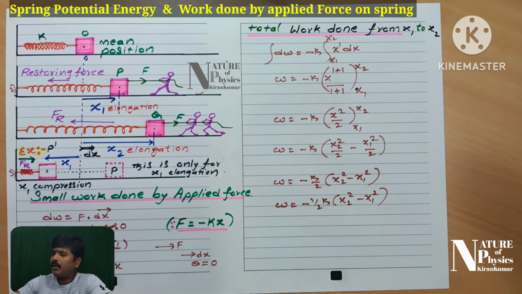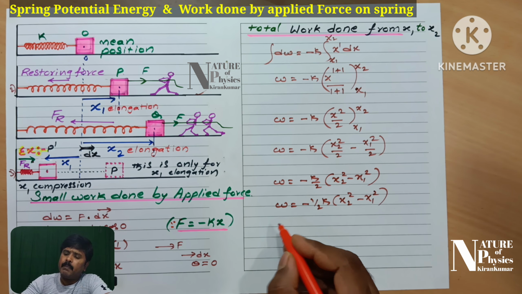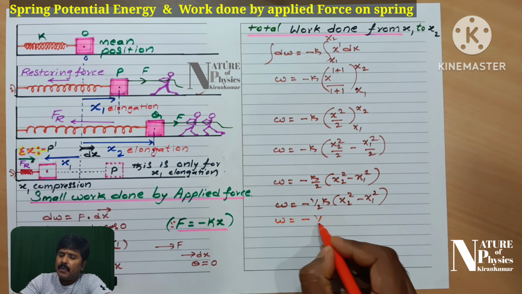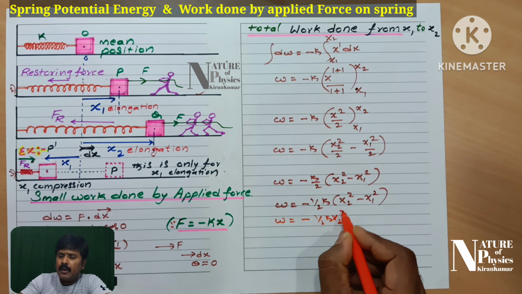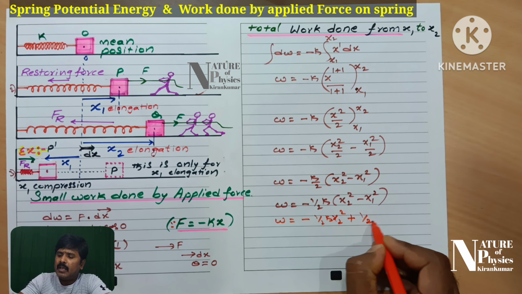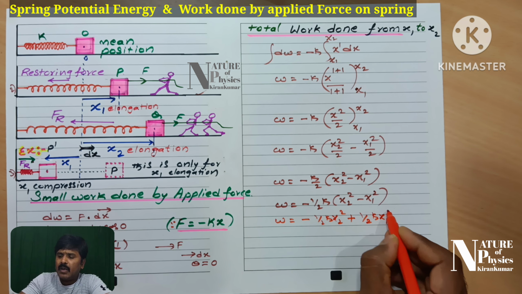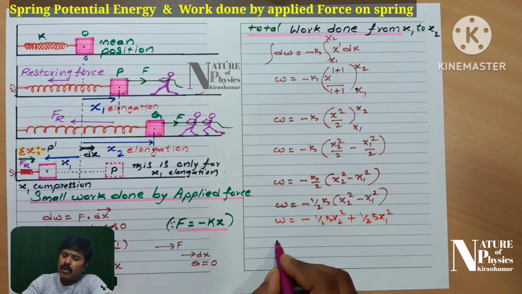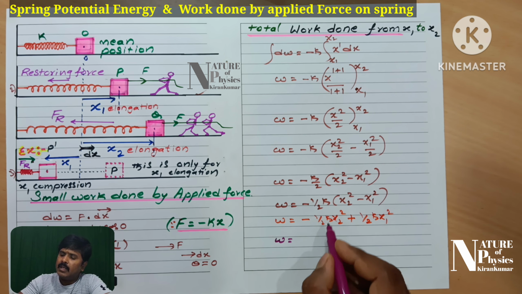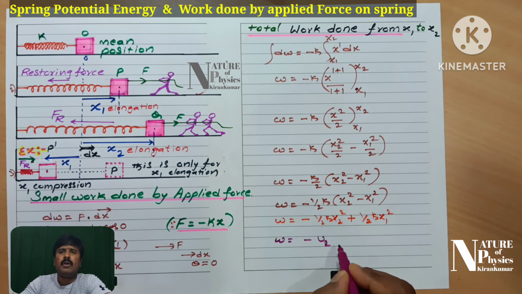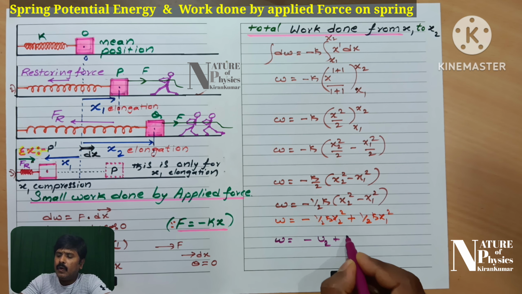Continuing the steps, we can write W is equal to minus half k x2 square plus half k x1 square. Then we will get W is equal to minus U2 plus U1.